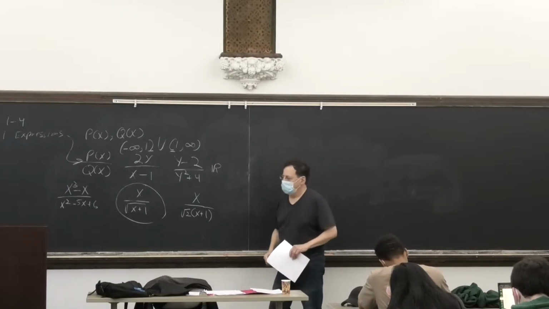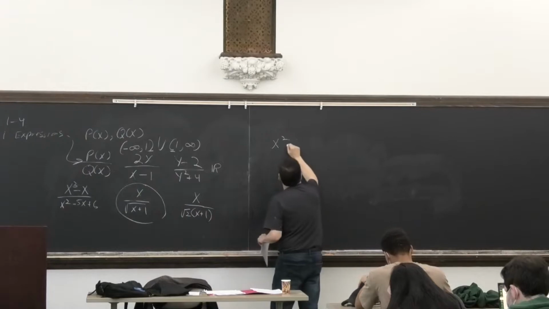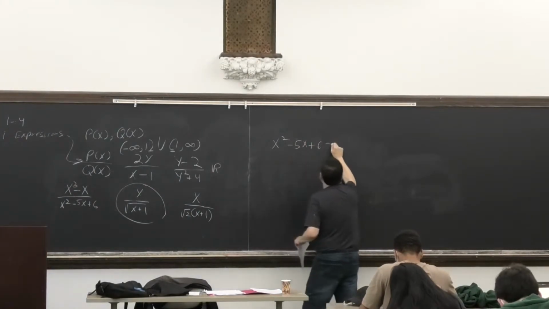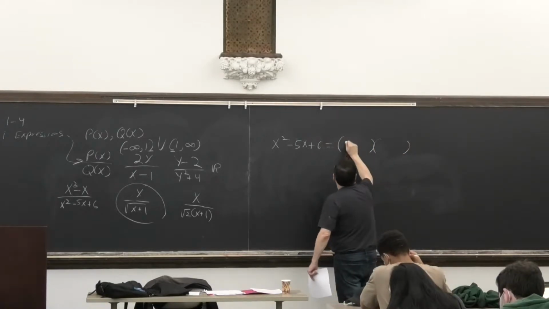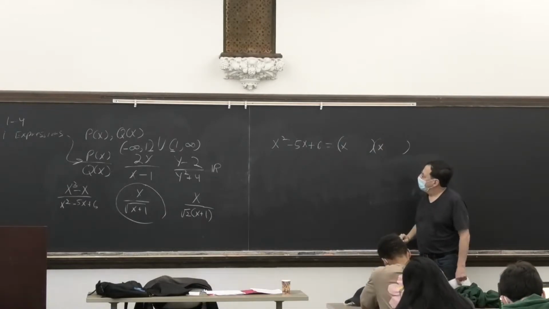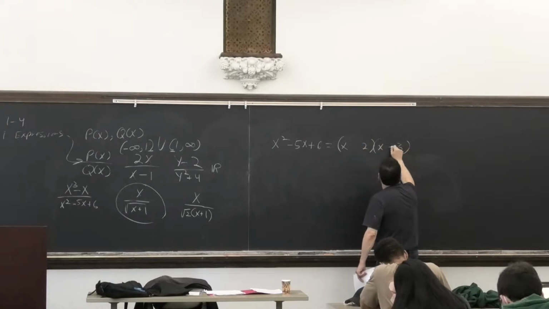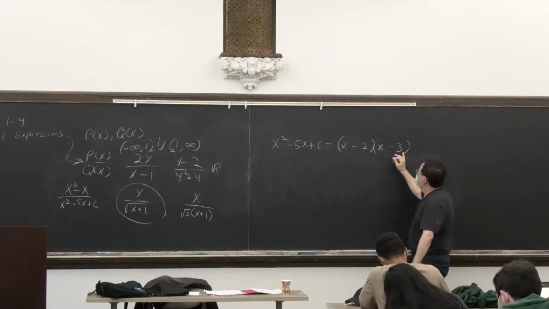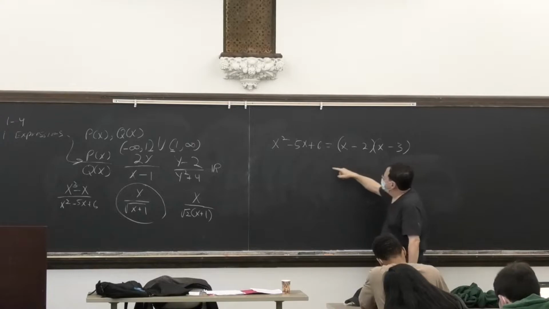So I'm going to do reverse FOIL here. x minus 2, x minus 3. So minus 2 times minus 3 is 6. Inner and outer, minus 2 and minus 3 is minus 5.